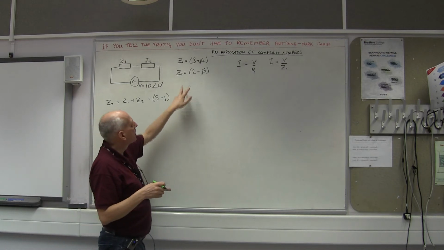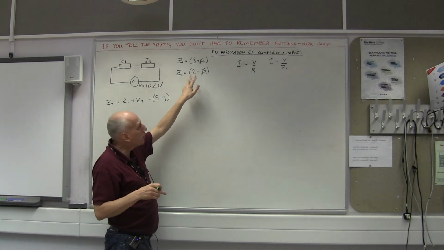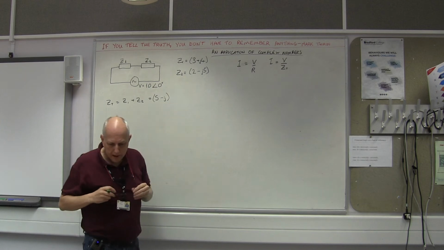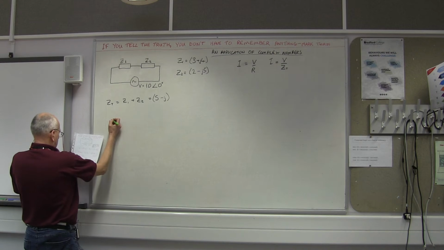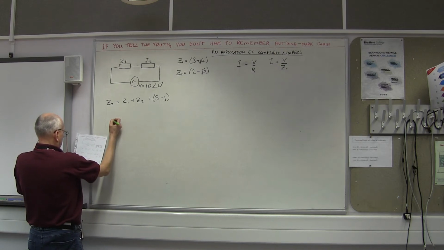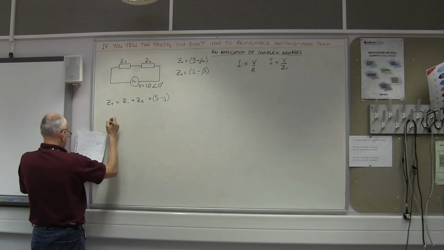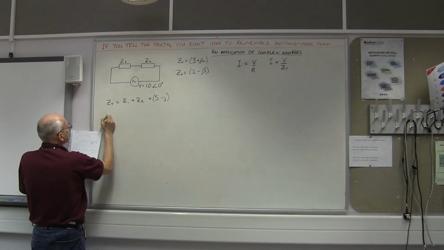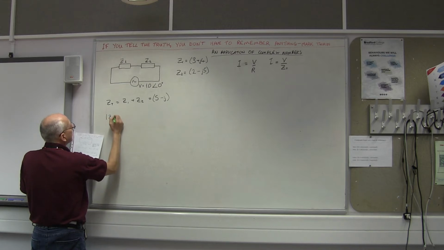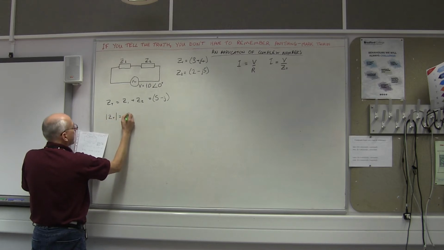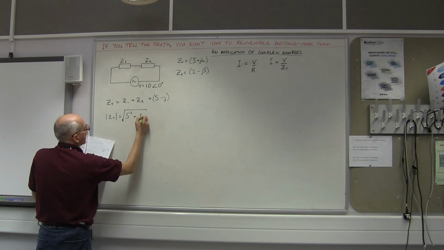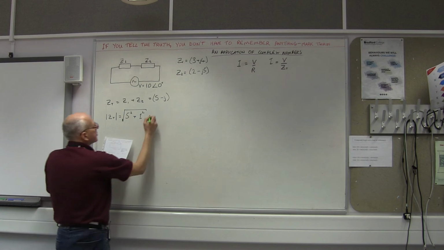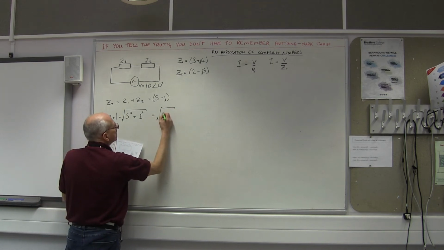And remember, I showed on the previous video how easy that is to do with your calculator. But take my word for it, in this particular case, to save time, using these numbers, the modulus of Z total would be 5 squared plus 1 squared, which obviously is 1. So that gives me the square root of 26.